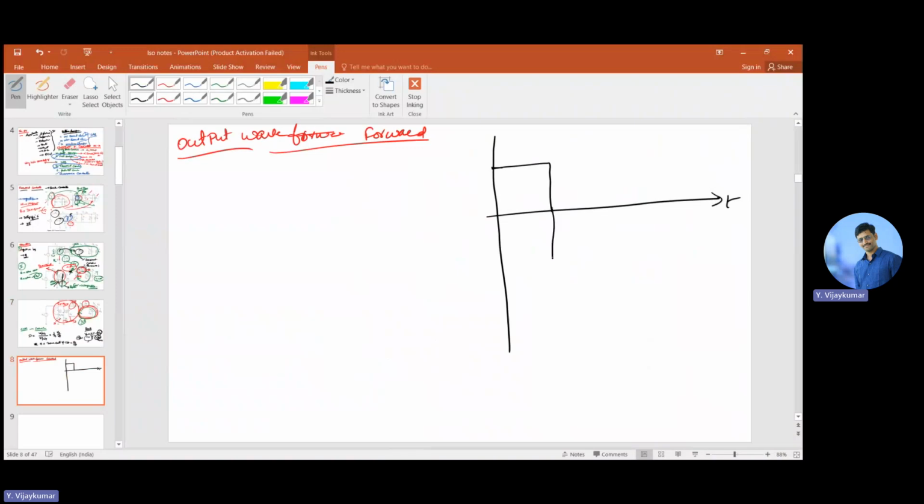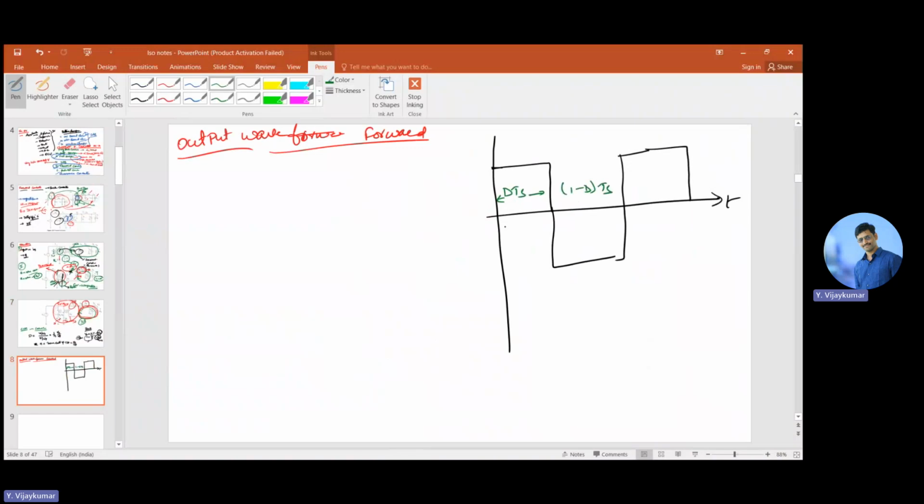And this would be the off time. I will call the on time D into TS, where TS is the switching period. The off time is (1 minus D) into TS.